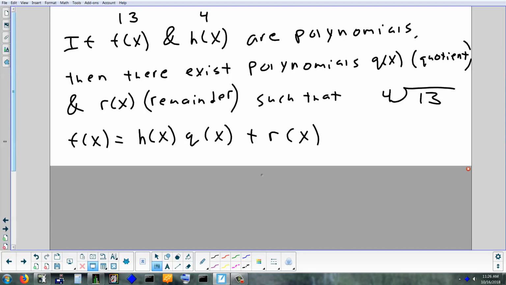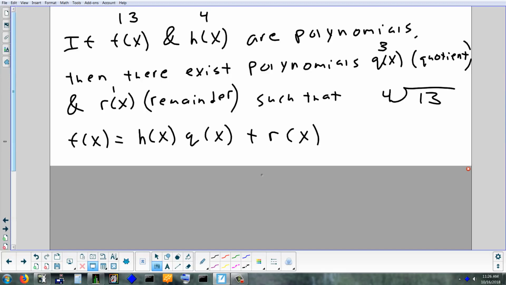How many times does 4 go into 13? 3. That's the quotient. And what's the remainder? 1.